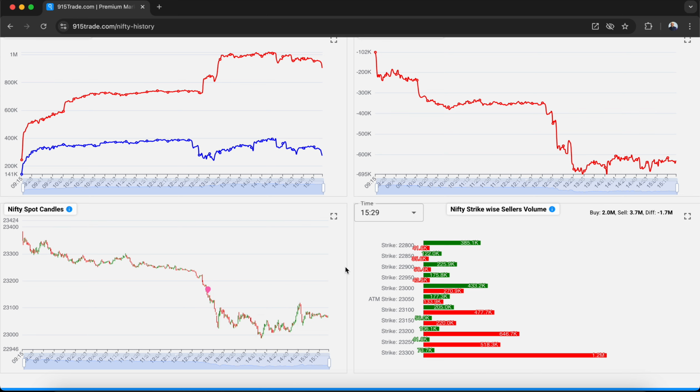So instead of expecting you to manually read it, we thought we'll convert it into a bubble so that it becomes easy for you to understand, identify, spot it, and then take advantage of it, if possible, and make it easy from your trading point of view. The bubbles can appear either on top of a candle or at the bottom of the candle.